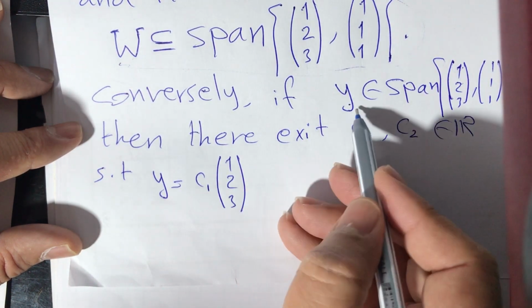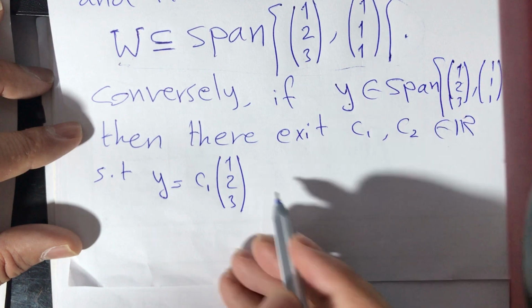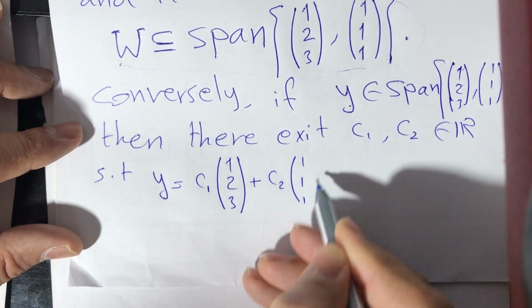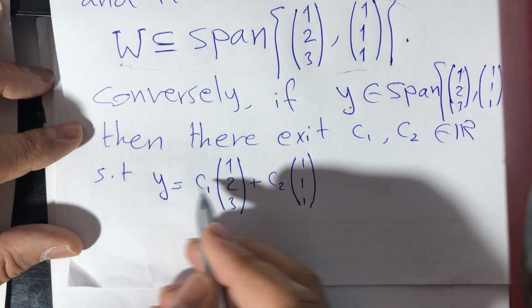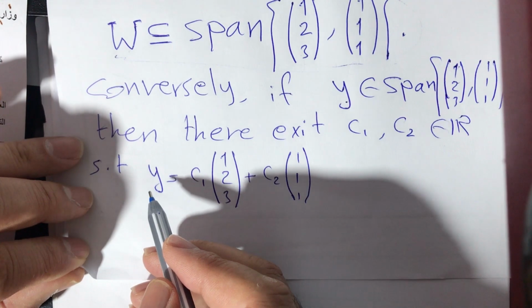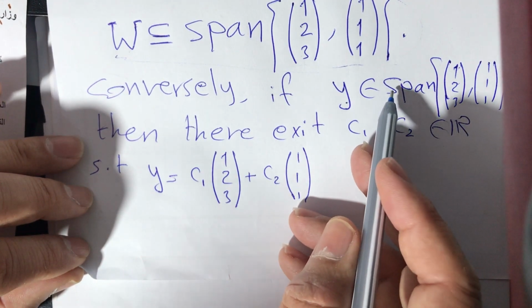So that means Y is a linear combination of these two vectors, plus C2 times (1, 1, 1).